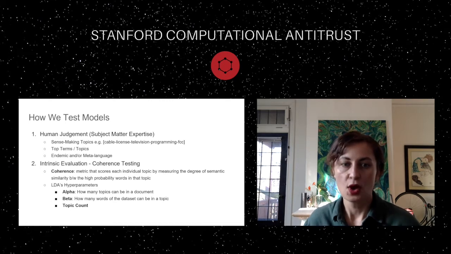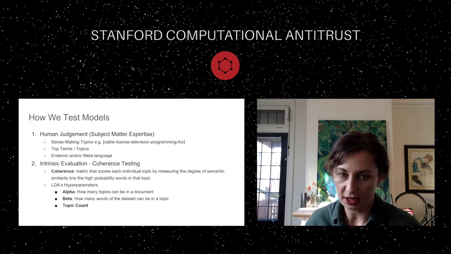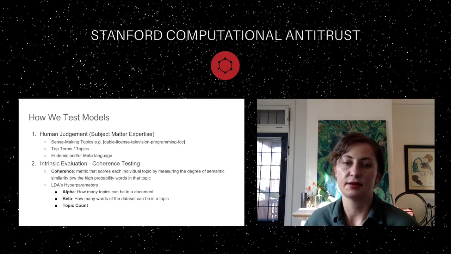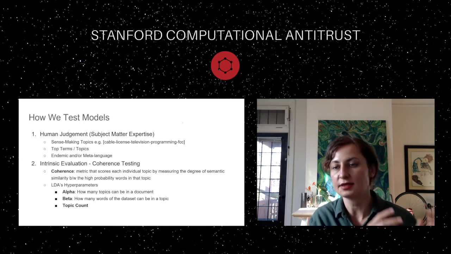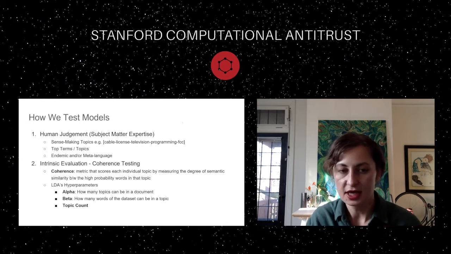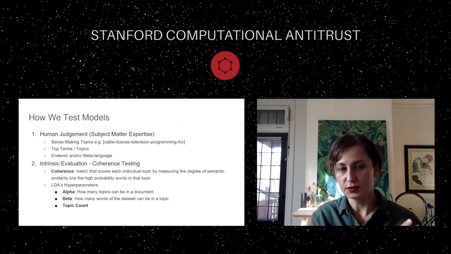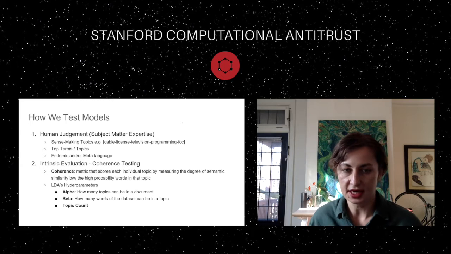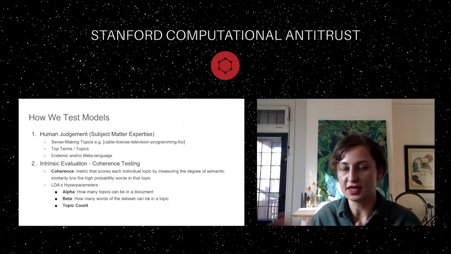So that's the human judgment element that can be a little more subjective. To combat any subjectivity bias, we also use coherence testing in a more algorithmic approach. Coherence in this sense is a metric that scores each individual topic by its degree of semantic similarity between the highest probability words in that topic. These are tests we run across an entire data set, and we adjust the different hyperparameters of our algorithm across all of these tests.